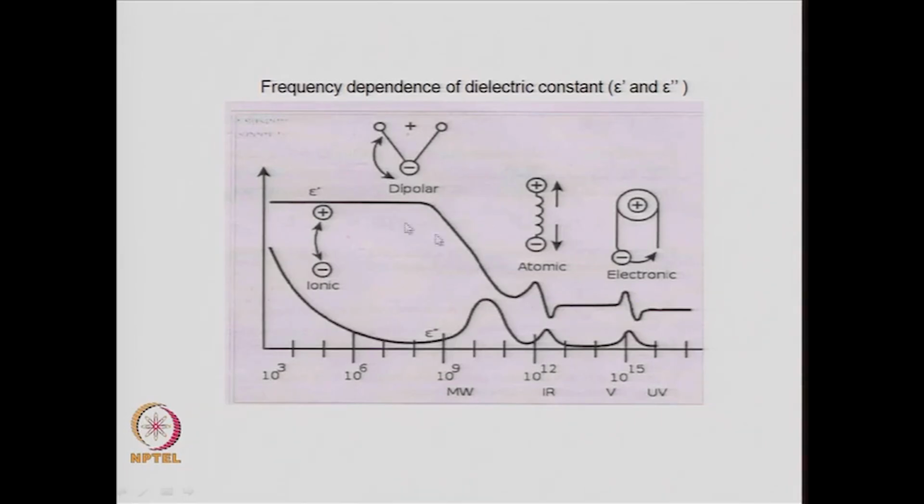Wherever the epsilon prime is changing rapidly, at that frequency you will see a maximum in the dielectric loss. The epsilon double prime gives rise to the dielectric loss.